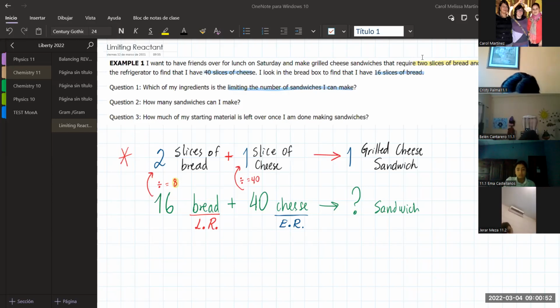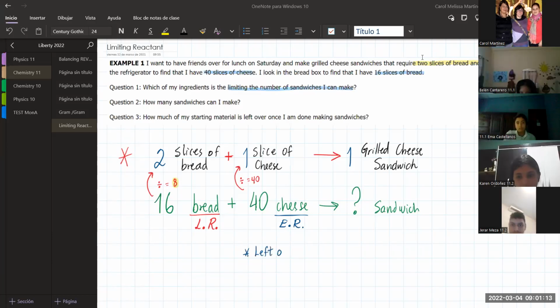The limiting reactant is going to run out first. That means there is no waste from the limiting reactant. But what is going to be my leftover from the cheese?